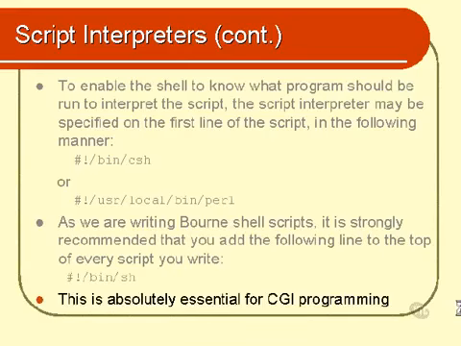And this technique is absolutely essential if you want to use Bourne shell scripts in your CGI web programs. There is no way that your shell scripts will run correctly if you do not put that line at the very beginning of your file in a CGI program.